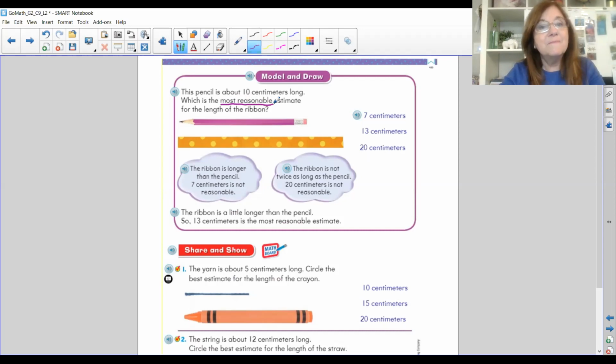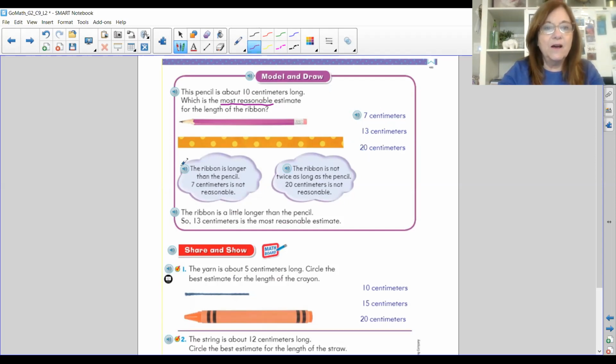Reasonable means makes sense. So which is the most reasonable estimate for the length of this ribbon? We want to estimate how long this ribbon is. The pencil is 10, so how long is the ribbon? We can choose 7 centimeters, 13 centimeters, or 20 centimeters.